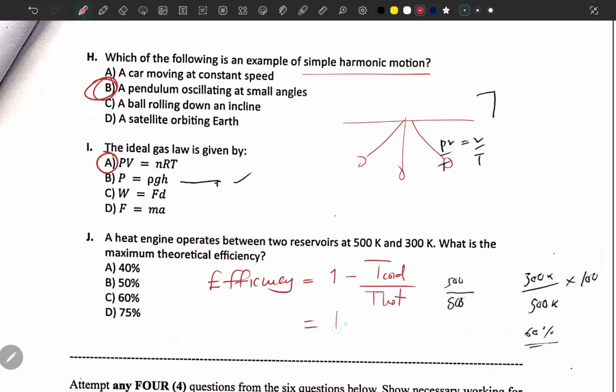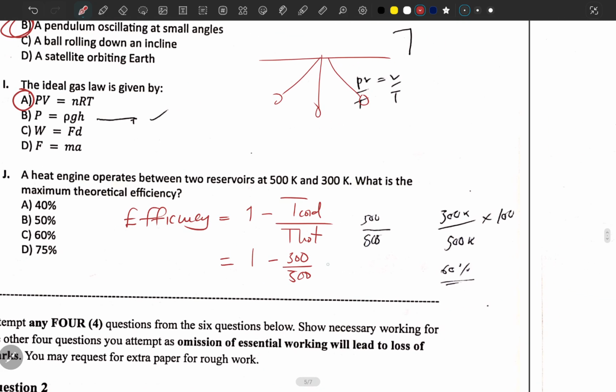So you get 1 minus 300 K, which is cold, over 500 K, the hot one. So here we get 1 minus 0.6, right? So we get 0.4. Now 0.4 as a percentage, you get 40%.